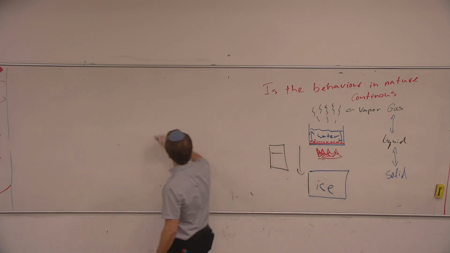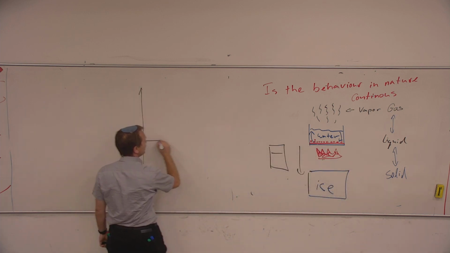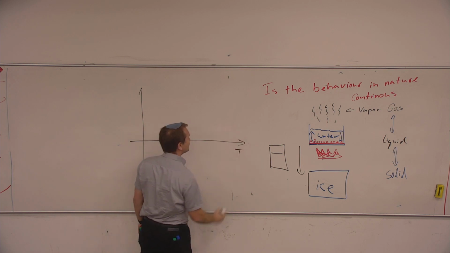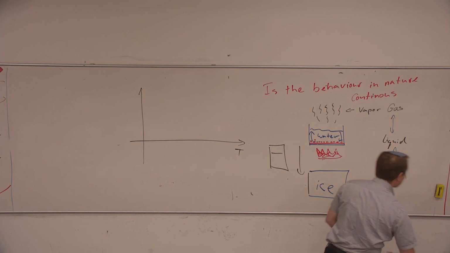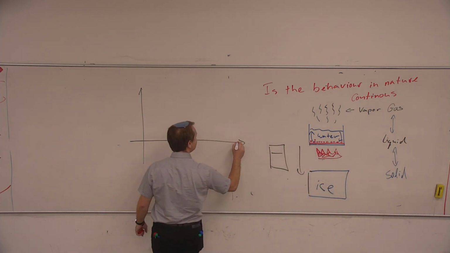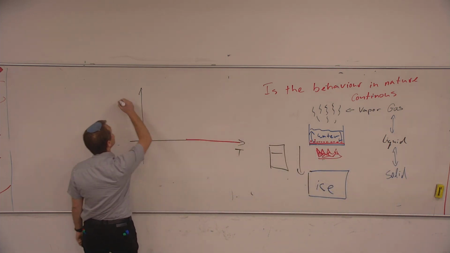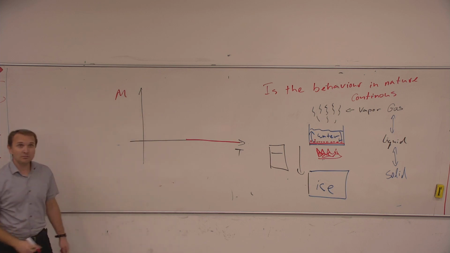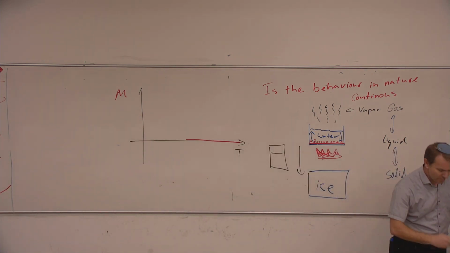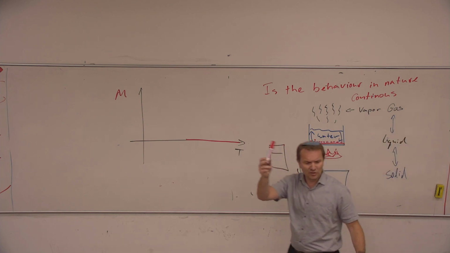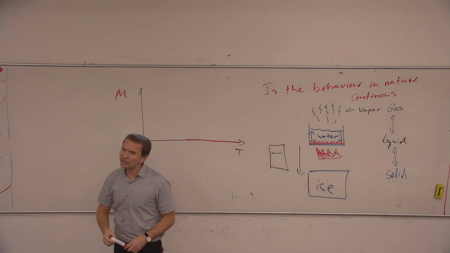For example, we have something that is called, this is temperature, paramagnetic systems. What is a paramagnetic system? A paramagnetic system is when I measure magnetization, okay? It has no magnetization. This marker has no magnetization. The net magnetization of this marker is 0.